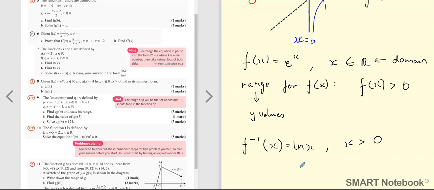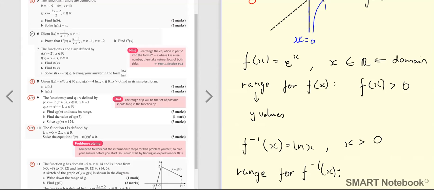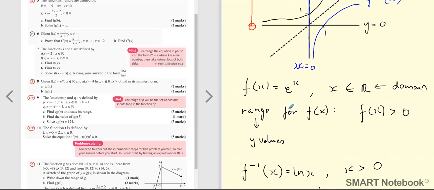And the range, what's the range? Range for the inverse. Can you please tell me the range for the inverse in the chat? Maybe looking at the graph.